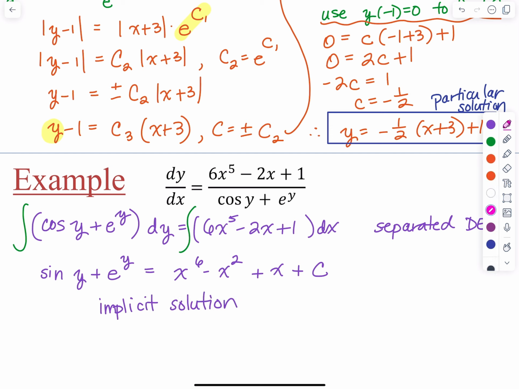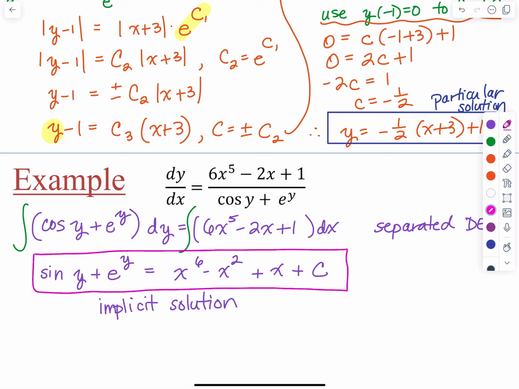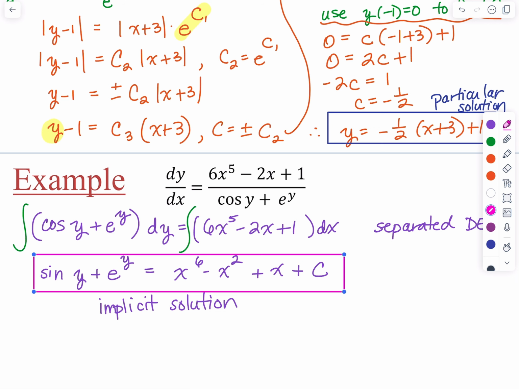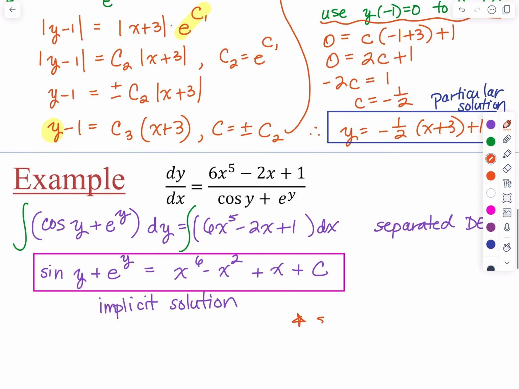This is our solution, and we could write it this way since we can't solve for y explicitly.